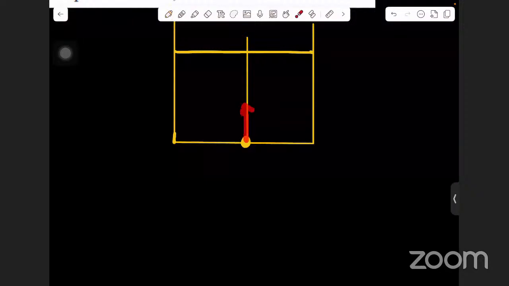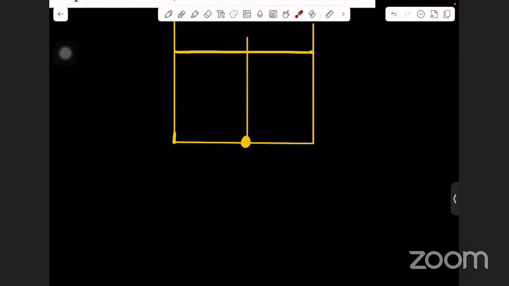Rays from the bulb will emanate in all directions, right? It's a point source, so from all directions, rays will come. This ray will come out like this, get refracted away because it's traveling from a denser to a rarer medium. So it will move away from the normal, right? In both directions. Like this, it will go out, like this.